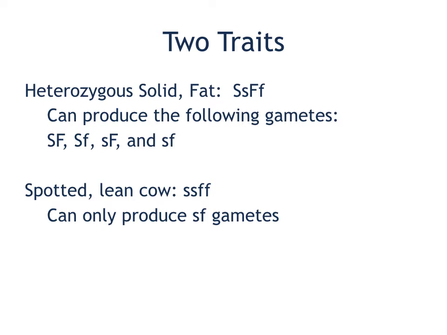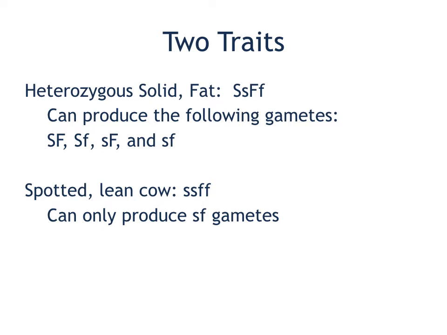So we know then that the heterozygous solid fat cow can produce the following gametes. Can be capital S and capital F. It can be capital S with a small f. It can be small s with a capital F and small s with a small f.